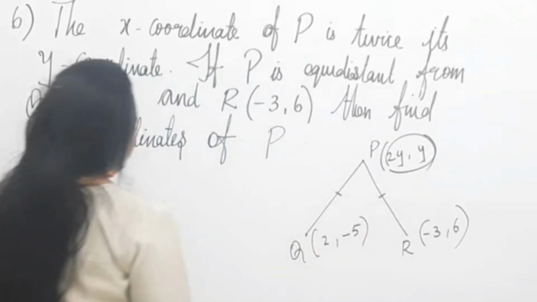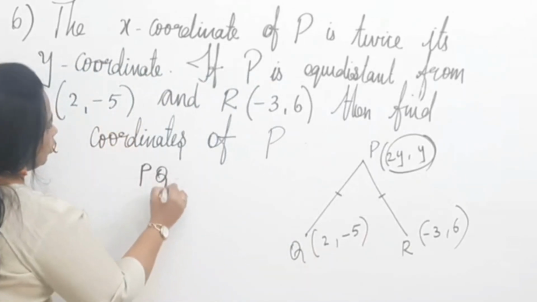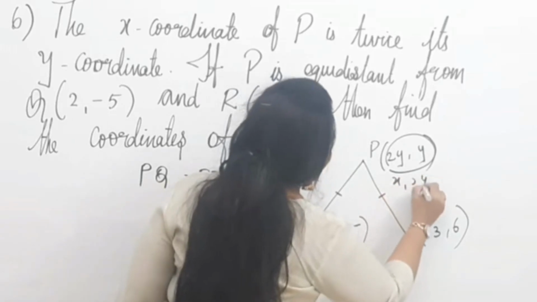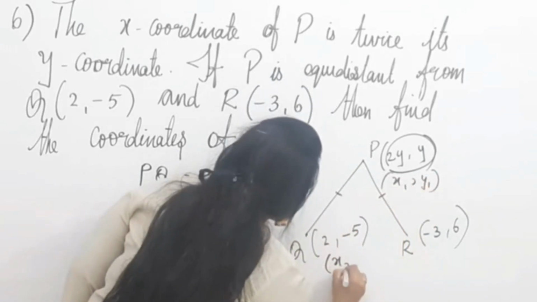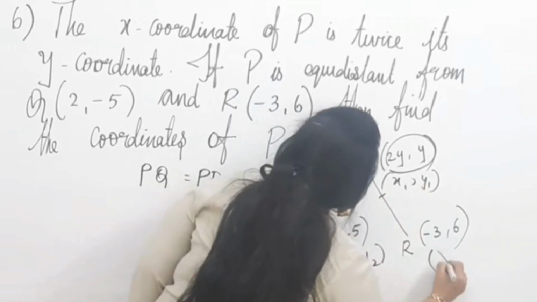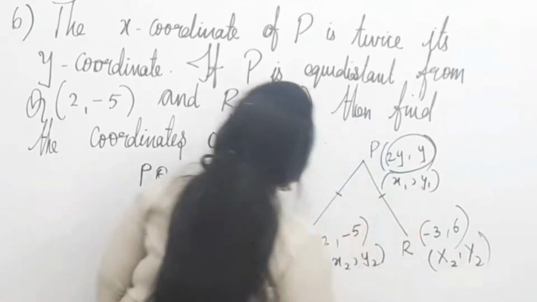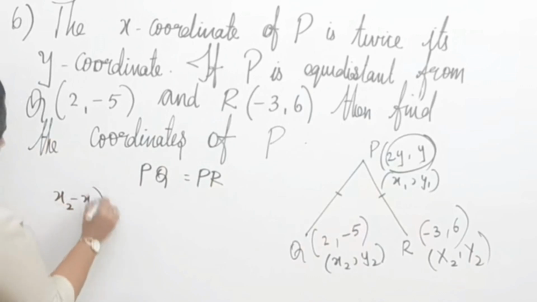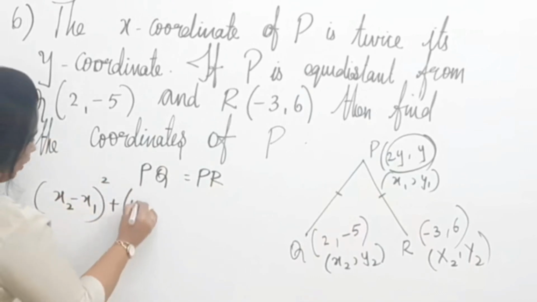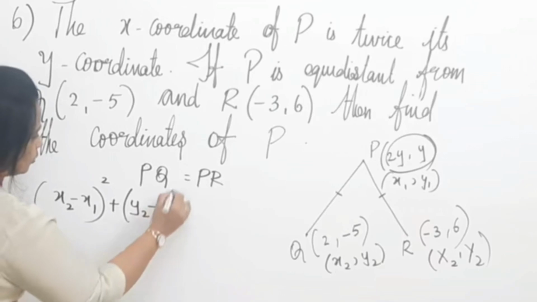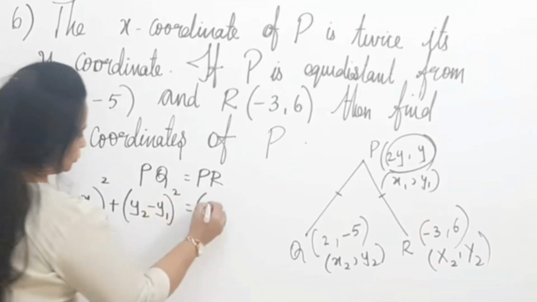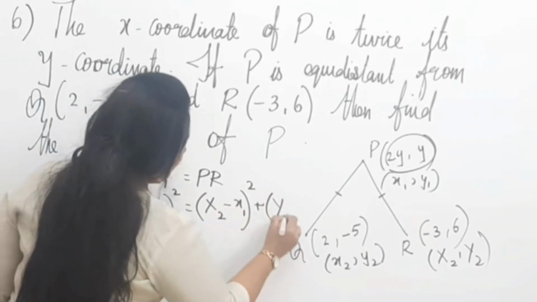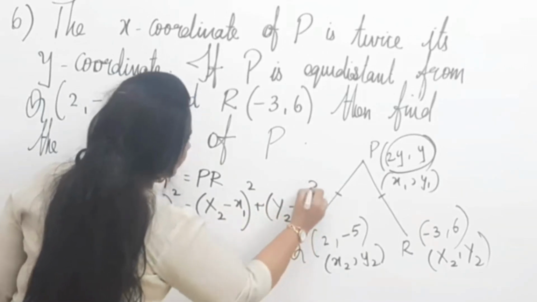I would write my PQ is equal to PR, and I would write my x1, y1, this is x2, y2, and this is capital X2, capital Y2. So my equation becomes x2 minus x1 the whole square plus y2 minus y1 the whole square is equal to capital X2 minus x1 the whole square plus capital Y2 minus y1 the whole square.